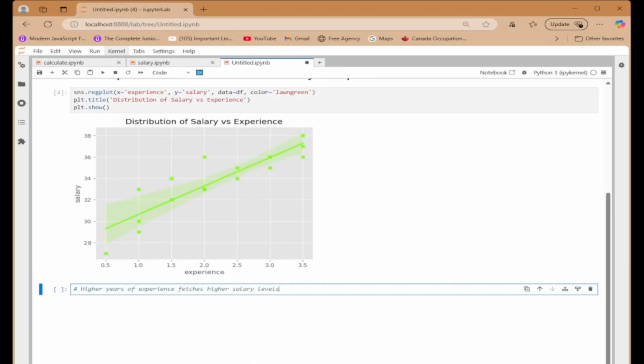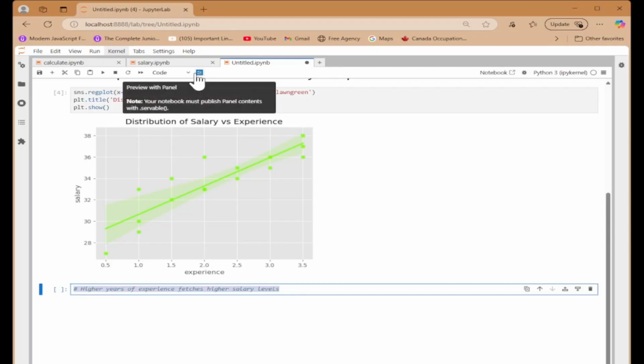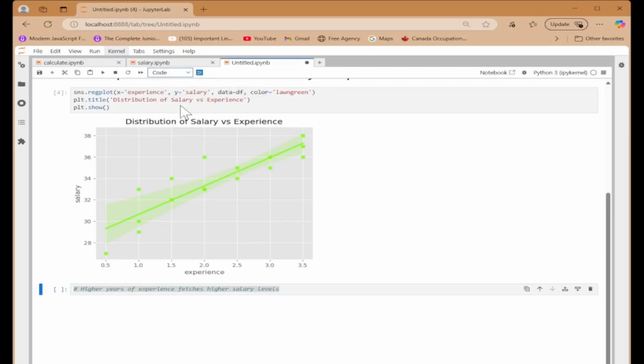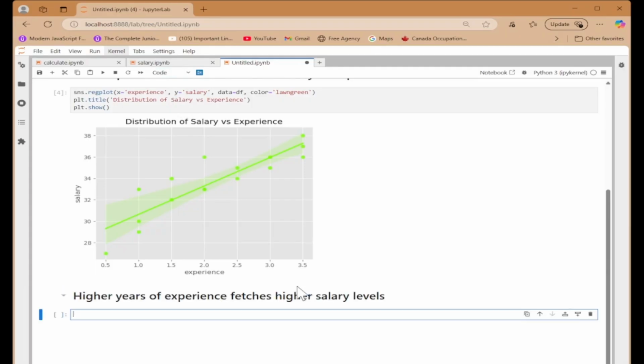So that is the conclusion we will get from the scatter plot. Let me just make it markdown so that it can be read. Shift enter. Okay, so that was the conclusion from there.